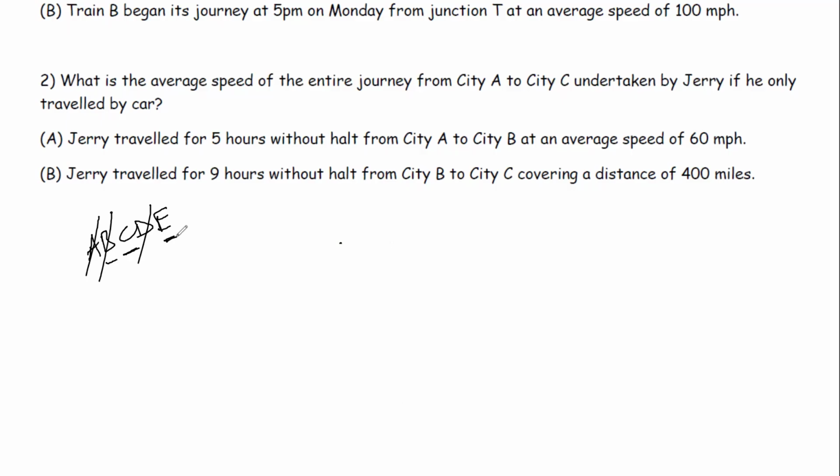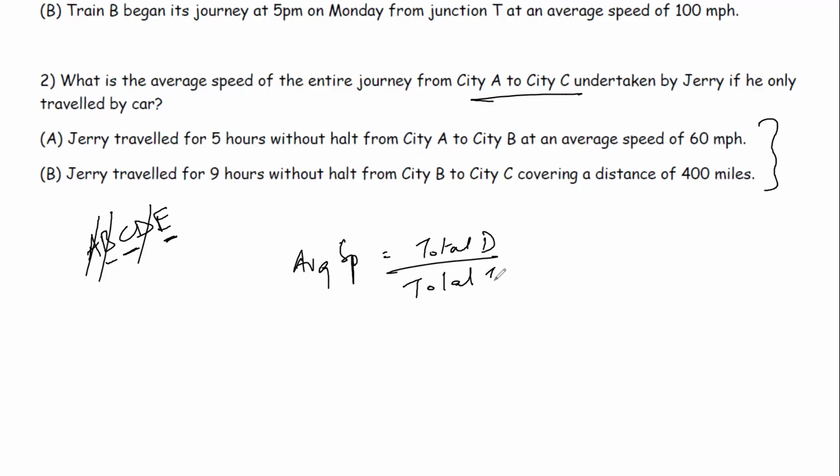So we're left with C and E. Now when we take both statements together, the question is what's the average speed of the entire journey from A to C. The average speed formula is total distance over total time. City A to city B, the total distance is 5 times 60, which is 300, plus 400 miles, so that's 700.